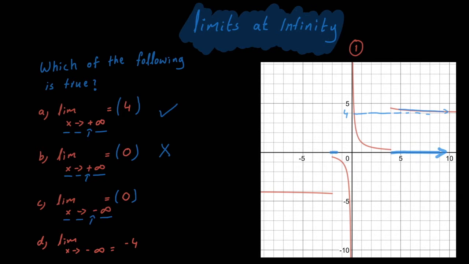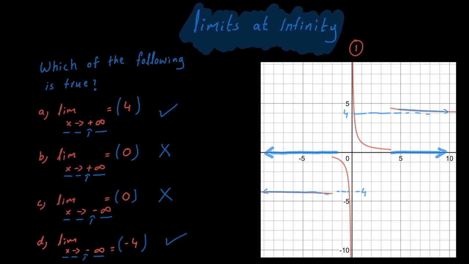We can see that as we approach x towards negative infinity and we go towards a smaller and smaller number, we can see that the value of y is reaching -4. So this is not true. Part D, limit as x approaches a very large number from the negative side, is it equal to -4? We have just seen from the graph that it is indeed true.